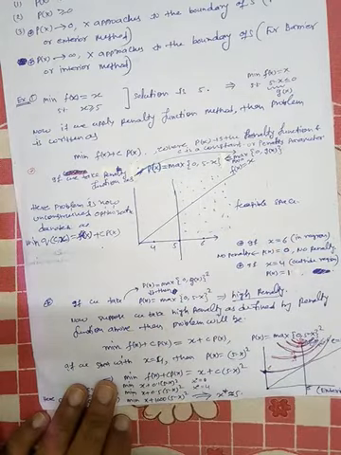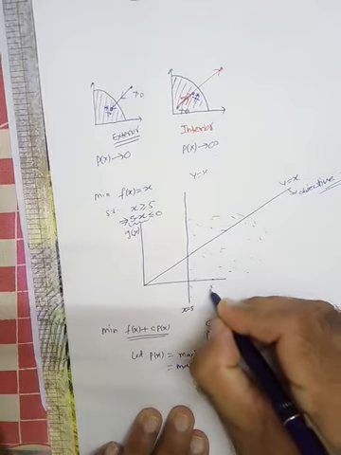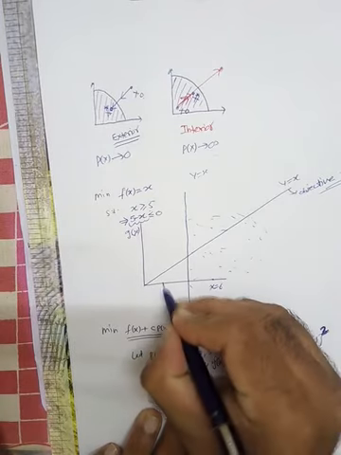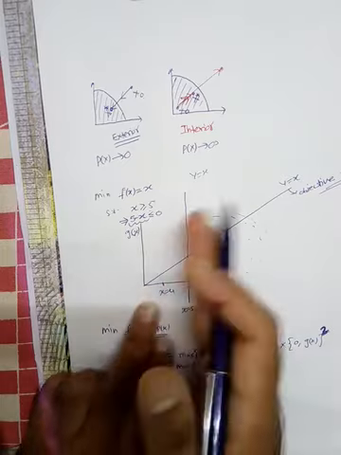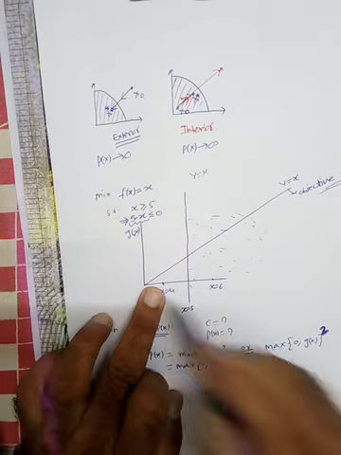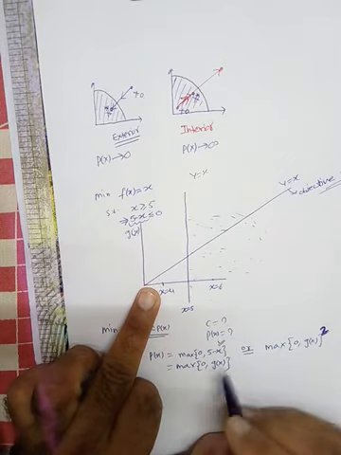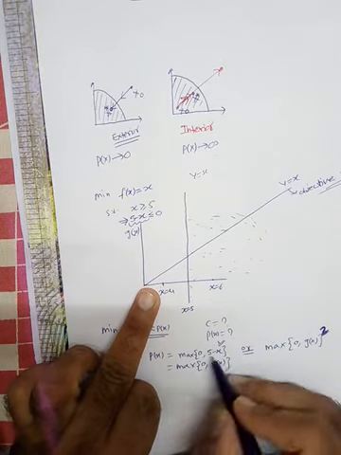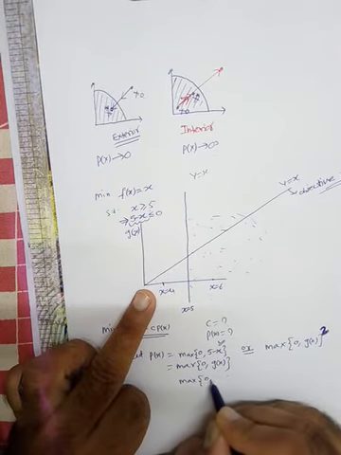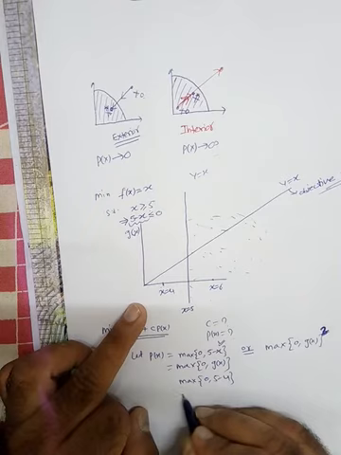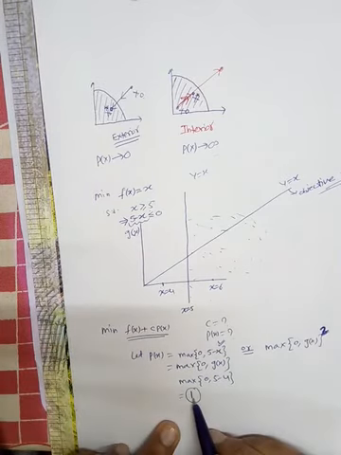Let's see. The logic is that if you take x is equal to 6 and x is equal to 4, this point is outside the domain. Then what will be the penalty? With the linear choice, put x is equal to 4: maximum of 0 and 5 minus 4, which is 1, so the penalty is a positive quantity.